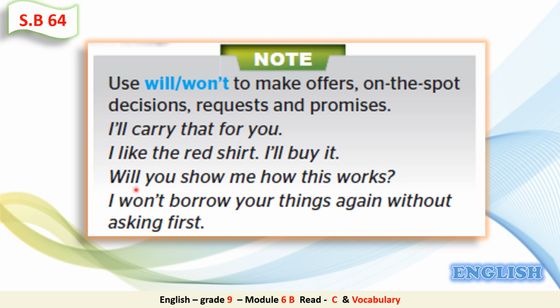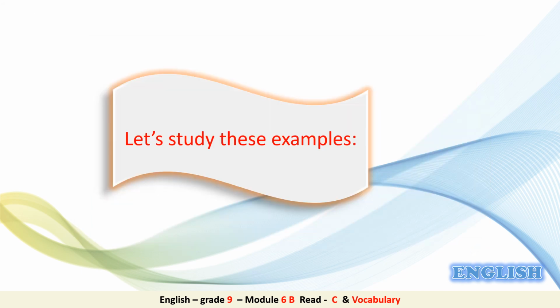For instance, will you show me how this works? And we use will or want for promises. I won't borrow your things again without asking first. Now let's study more examples about the use of will or want.